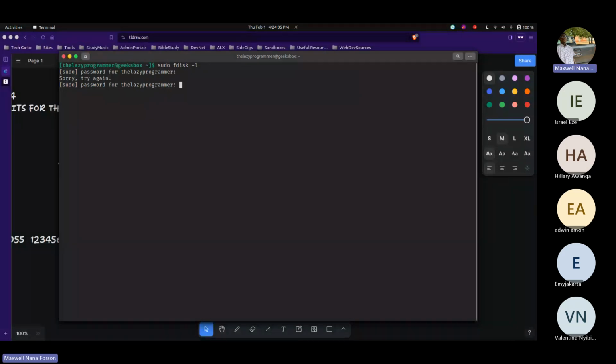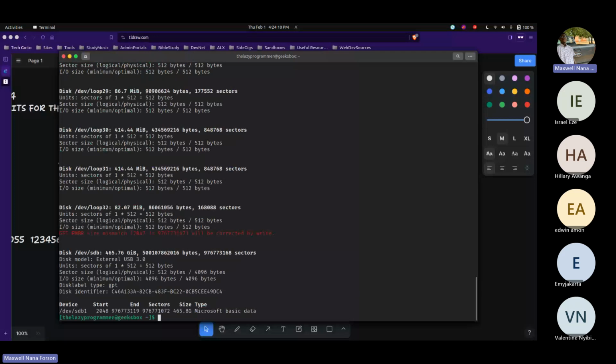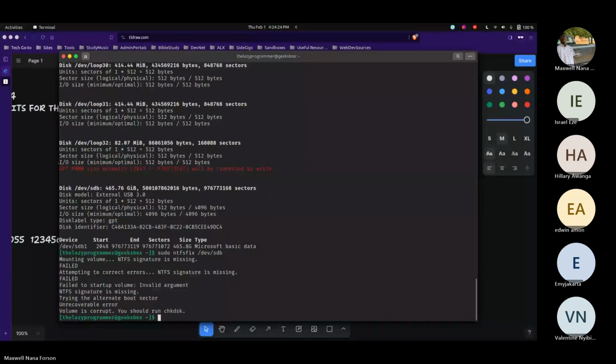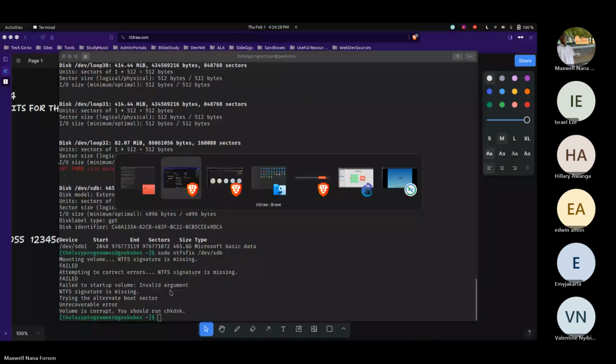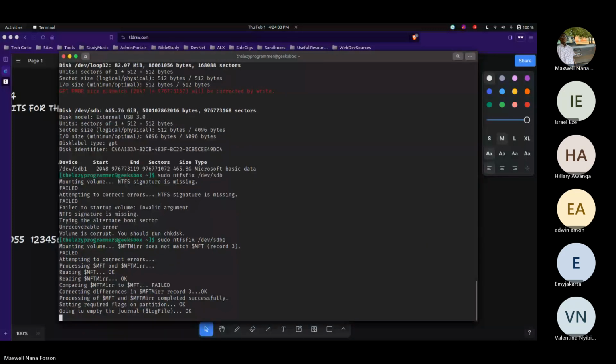I would have to grab it up from the external hard drive, and it's in a Windows format, and it always has a way of annoying me. All right, so let's see first.